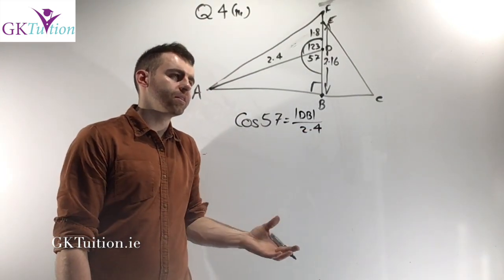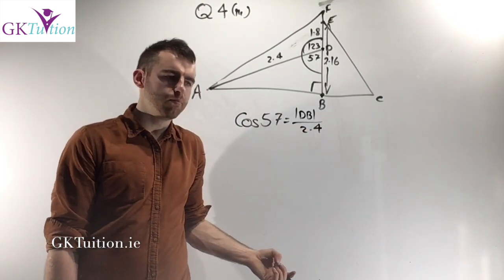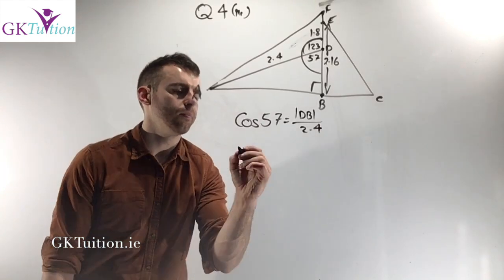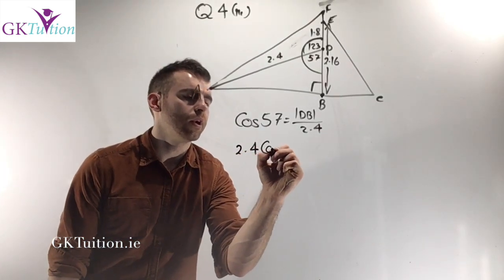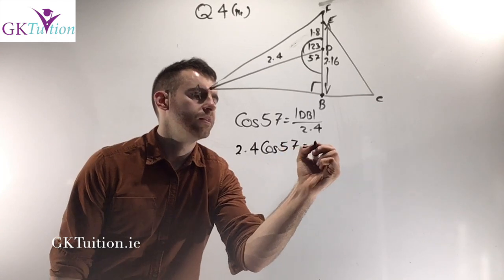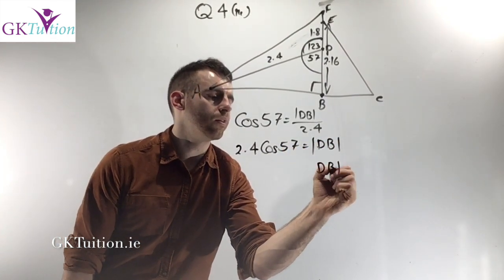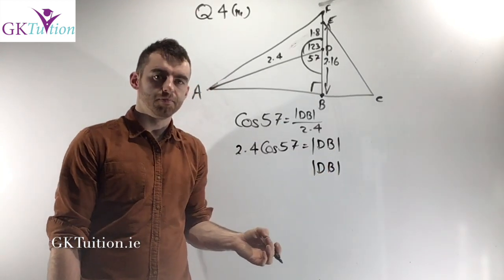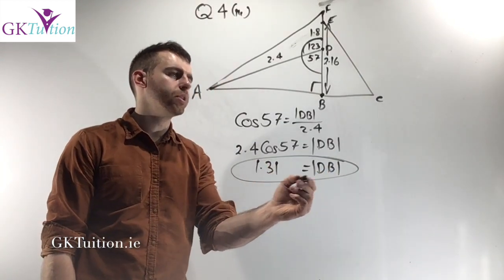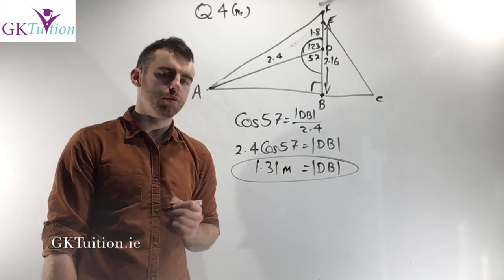So in order to get the distance DB on its own, I just multiply both sides by 2.4. And I could say that 2.4 cos 57 is equal to the distance DB. If I plug all this into my calculator, I end up with the distance DB is 1.31 meters.